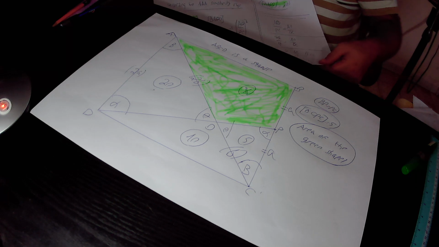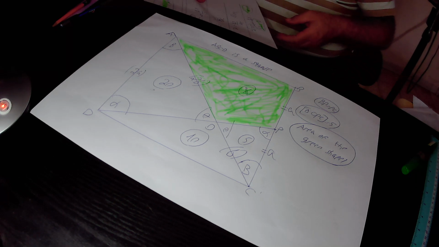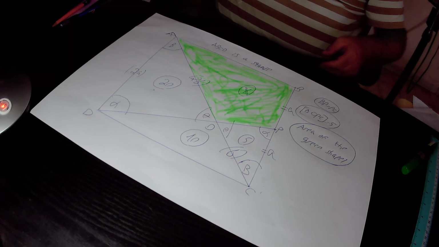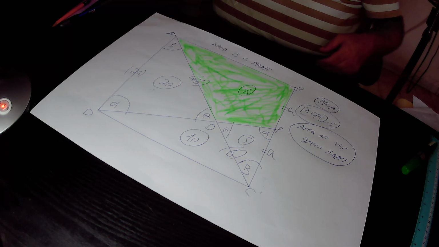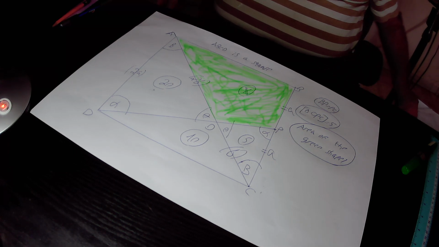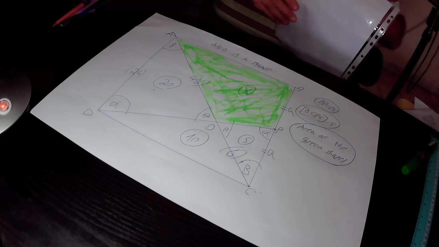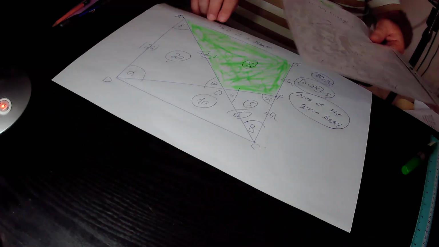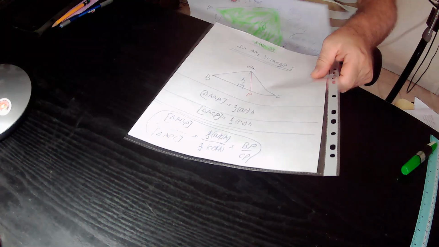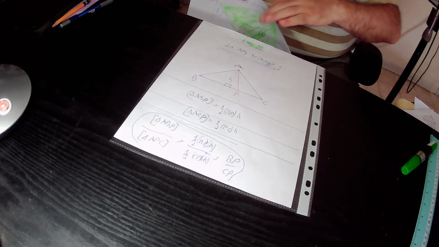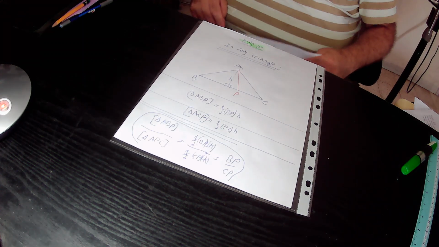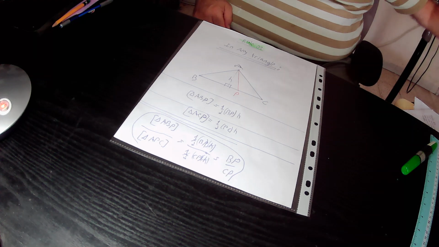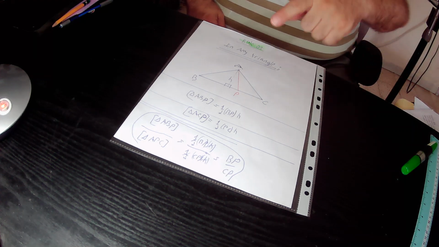In the next step, I actually present to you a new rule, and we implement the new rule in our drawing. We call the new rule Rule 23. According to Rule 23, which is true in any triangle, so triangle ABC could be any triangle.